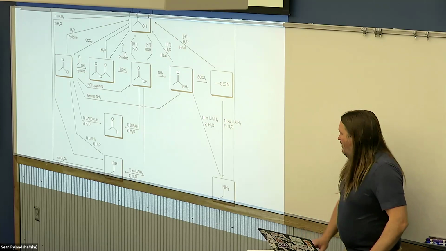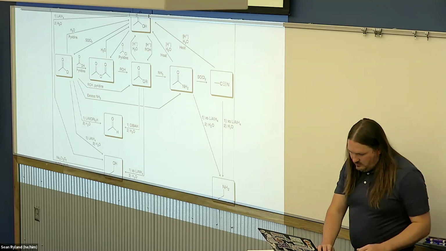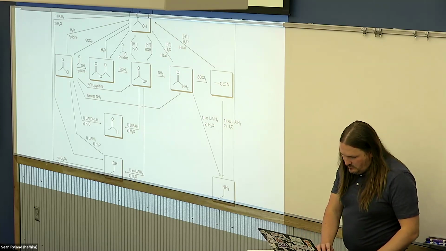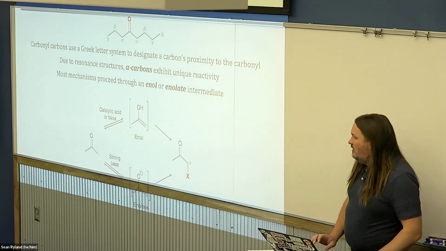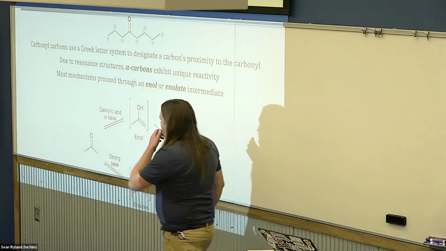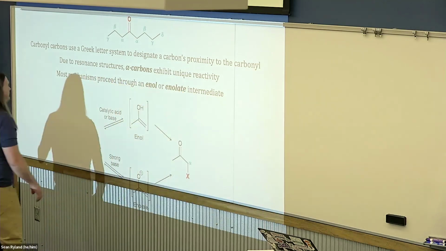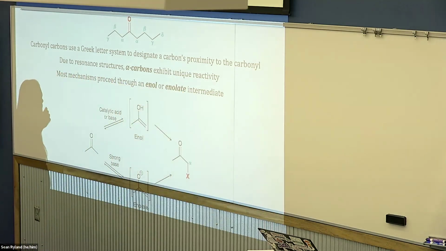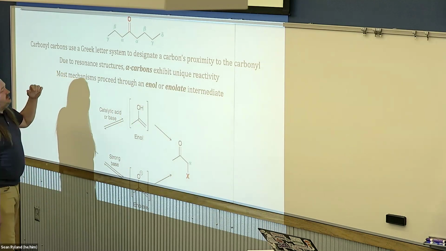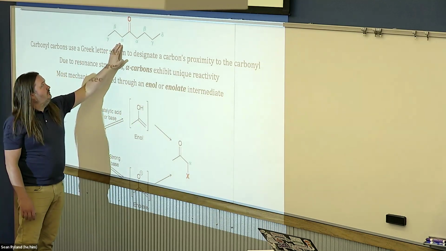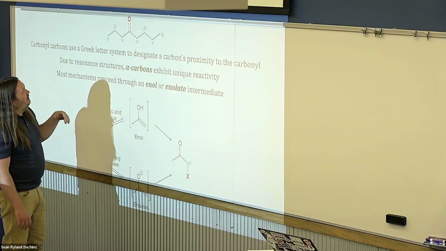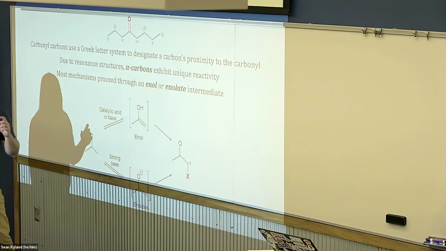So a quick review of our intro to alpha carbons. They use this terminology with a lot of different functional groups. But like we saw back in an earlier chapter, there's a little bit of inconsistency with what they designate as the alpha carbon.